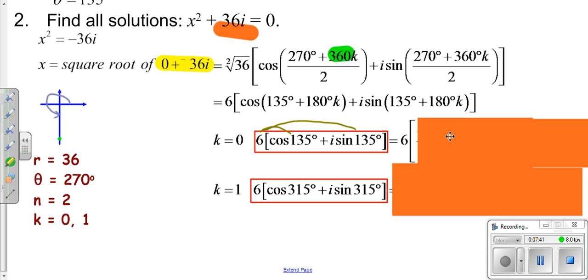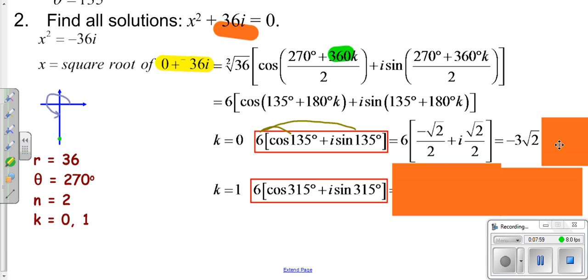Cosine of, not 3, but 135, you're supposed to have memorized. Sine of 135 you're supposed to have memorized. Now all you have to do is distribute through that 6. So you get a negative 6 root 2 over 2, which reduces down to a negative 3 root 2. Distribute it through to what's after the plus sign. So we get our answer in a plus bi form.